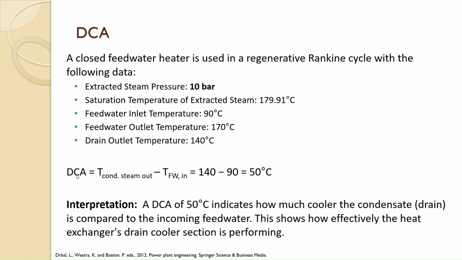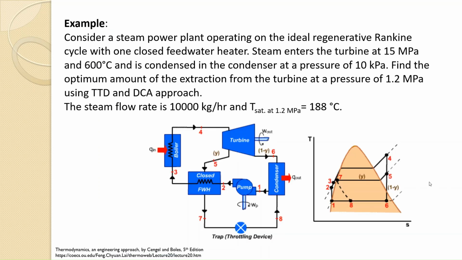In that case, DCA is 140, which is the drain outlet temperature, minus 90, which is the feed water inlet temperature, which is 50 degrees C. A DCA of 50 degrees C indicates how much cooler the condensate is compared to the incoming feed water, and it shows how effectively the heat exchanger drain cooler section is performing. Now let's do this exercise together.